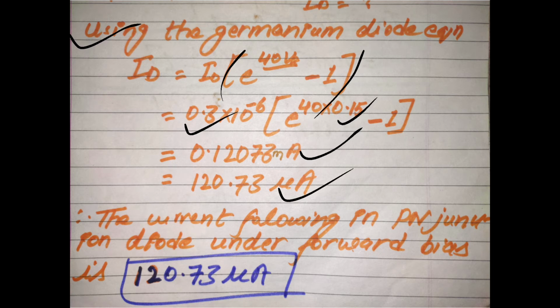So the current flowing in the PN junction diode under forward bias is 120.73 microampere. This is the solution for the given numerical example. Now we are going to solve another example.